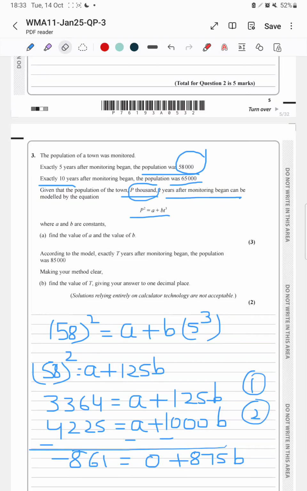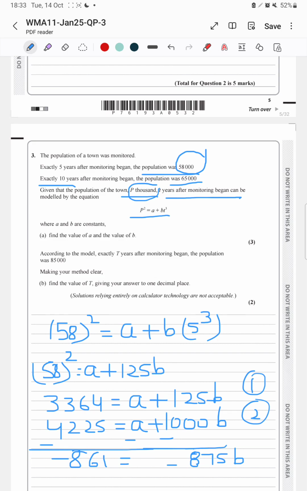But this will be negative because here we have subtracted 125 from minus 1000, so minus 1000 plus 125. Then we have to find out here, this is 865.